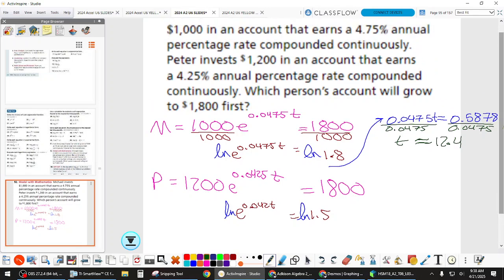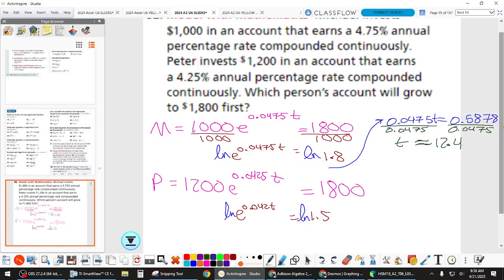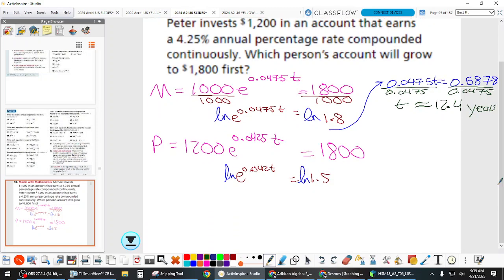Here, I'll scroll up. It's years, yep. So it took roughly 12 and a half years to get that extra $800.